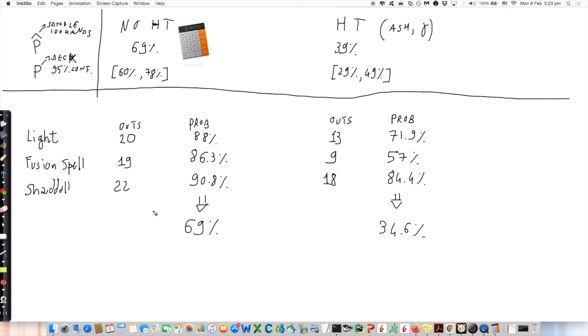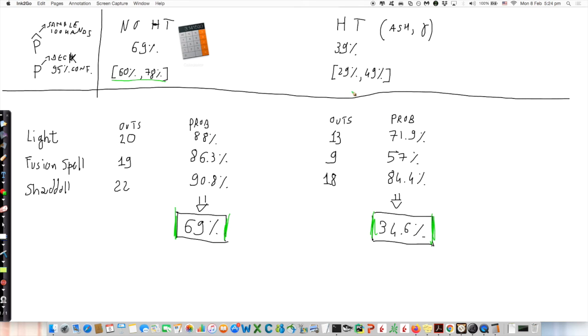Anyway, what is important about these numbers? We got here, and we got here. What is important is to compare these numbers with the range that we identified here.